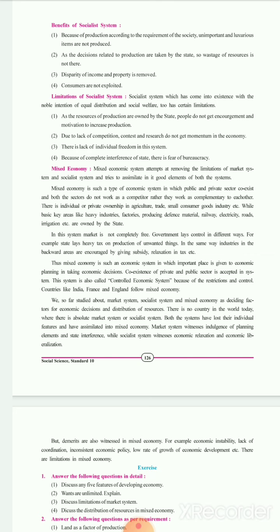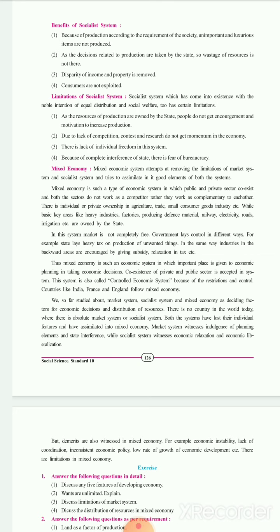So mixed economy is that type of economic system where the public sector and private sector both exist together. That means they coexist. And these sectors do not work as competitors, but as complementary to each other. What one sector is lacking, the other tries to cover up. That means they are complementary.